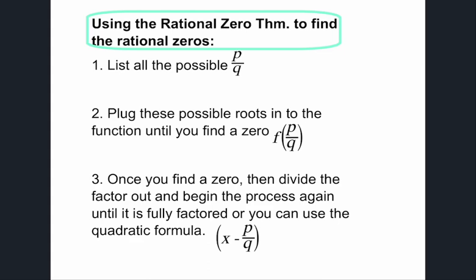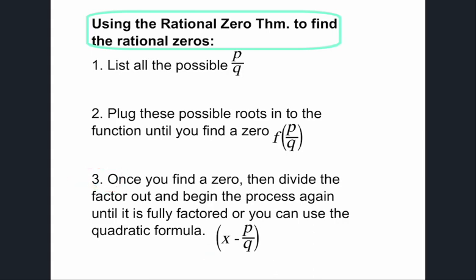If it says we want to find the zeros, but they didn't give you any, the first thing you want to do is list all the possible p's and q's. Then you're going to plug those into the function until you find a 0. Once you find one that gives you 0, we're going to factor that out.